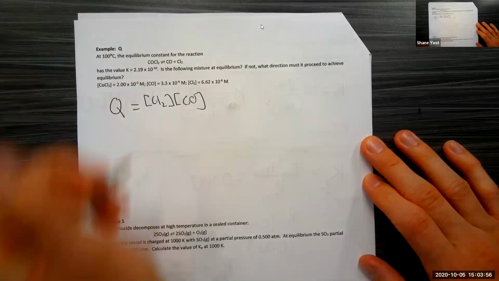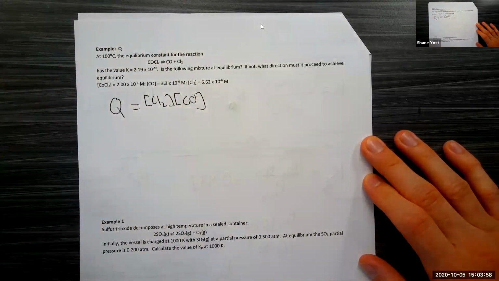And then what? So you have Cl2, CO. What are we missing? And where does COCl2 go?